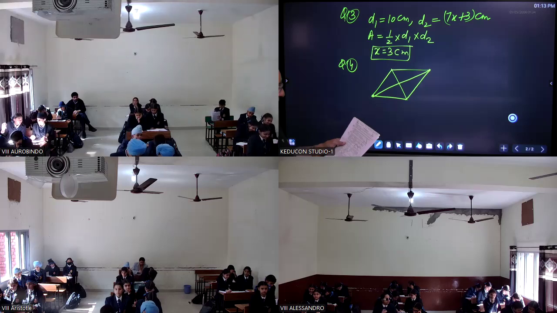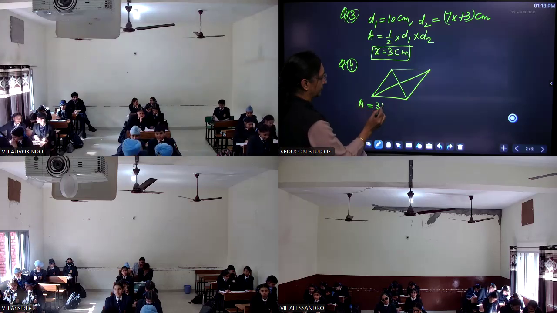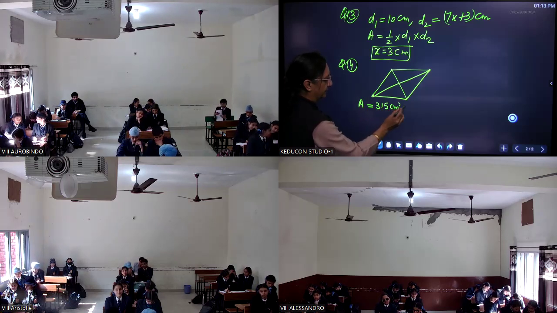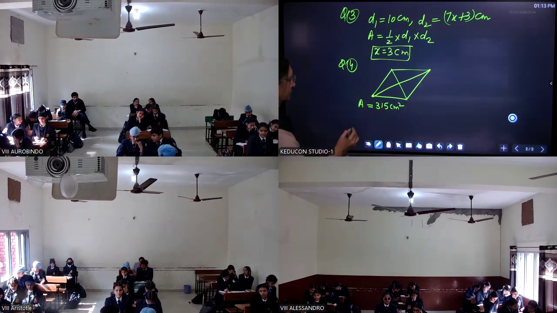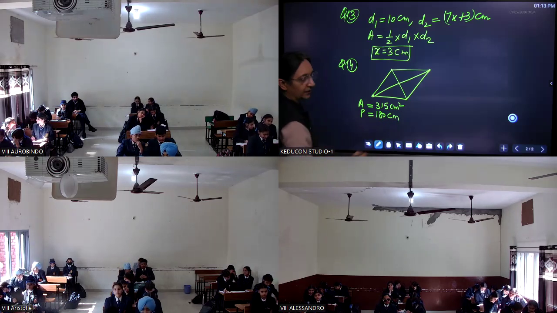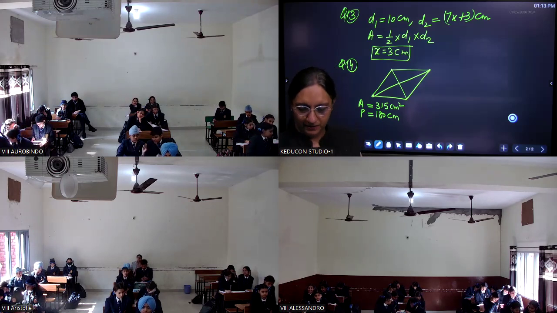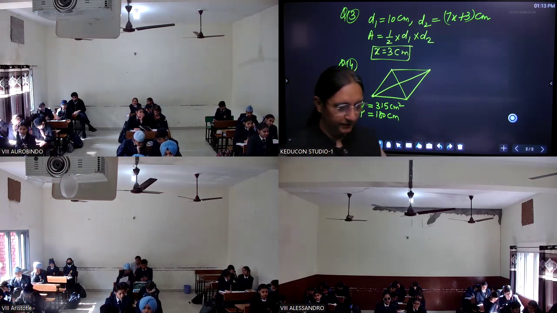Area is given to you, 315 centimeter square. Perimeter is also given, equal to 180 centimeter. No diagonal is given to you. Okay, you have to find the altitude.